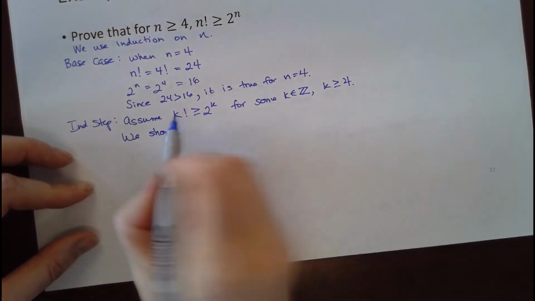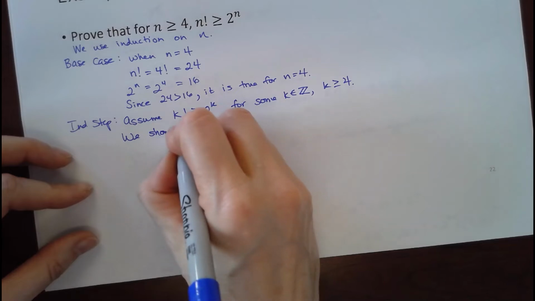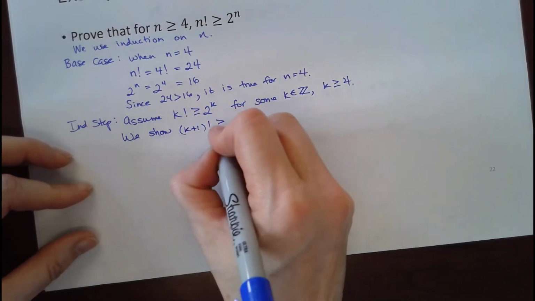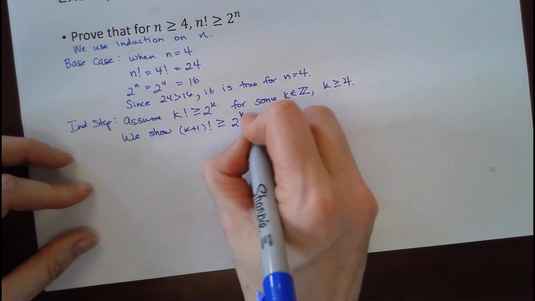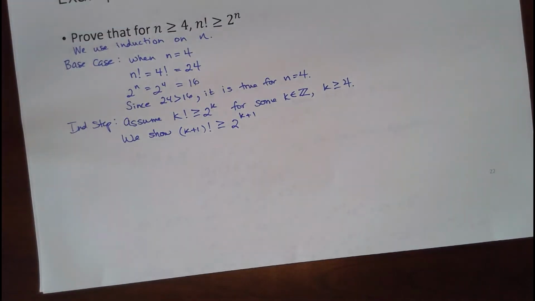So we replace that k with k plus 1, so k plus 1 factorial will have to be greater than or equal to 2 to the k plus 1. That's our goal.